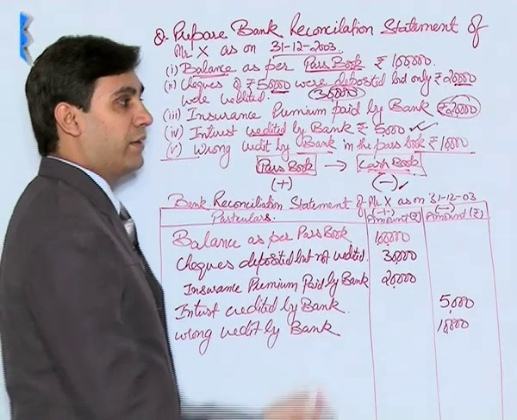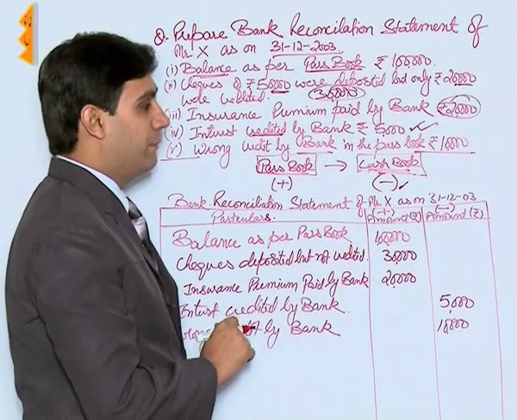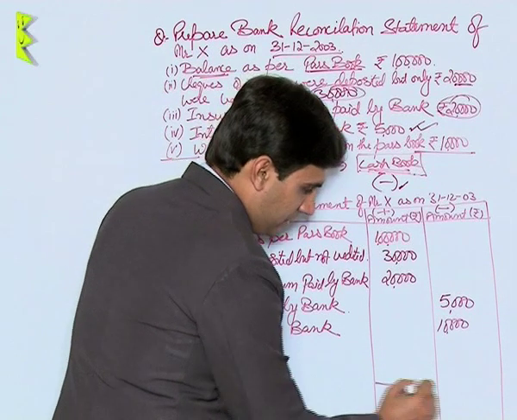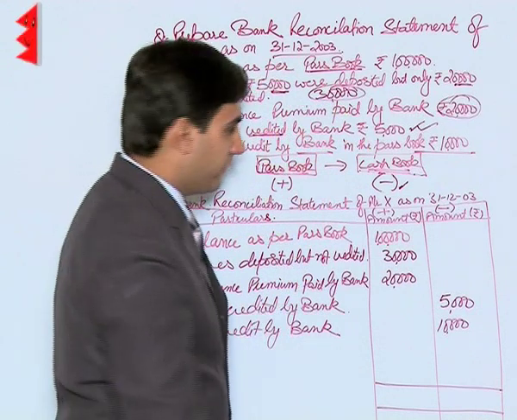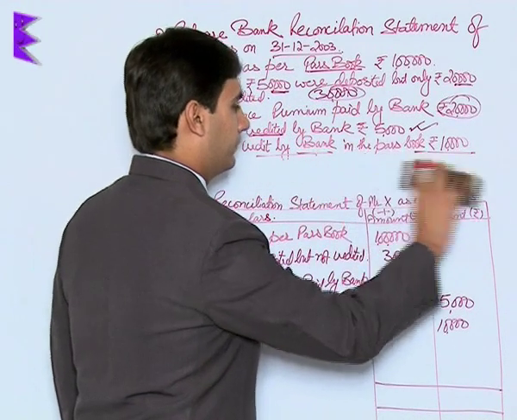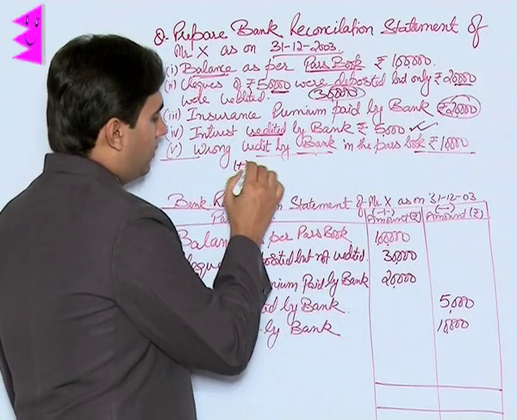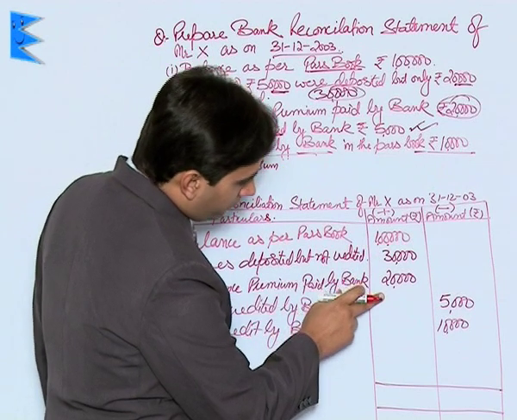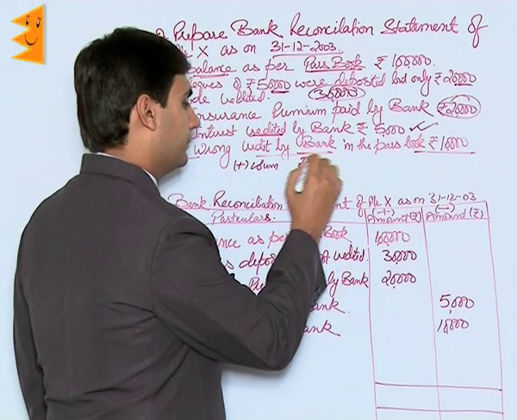Now all the transactions have been put in here. Let us reconcile and try to find the balance as per cash book. So again the same thing, students. Let us total the positive side first, the plus column first. The plus column has a total of 1 lakh plus 30 plus 20, that is 1,50,000.